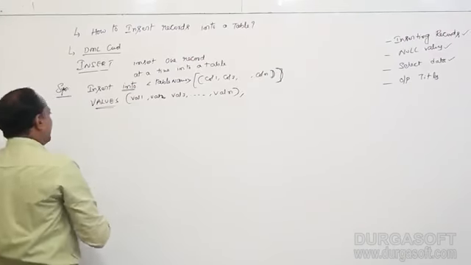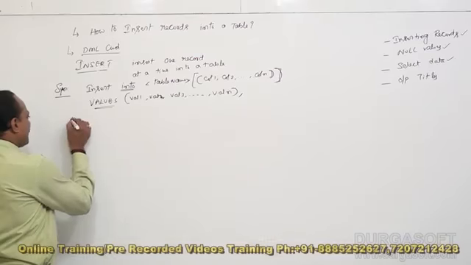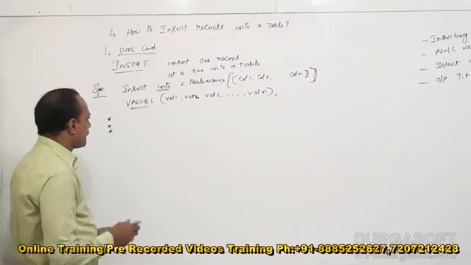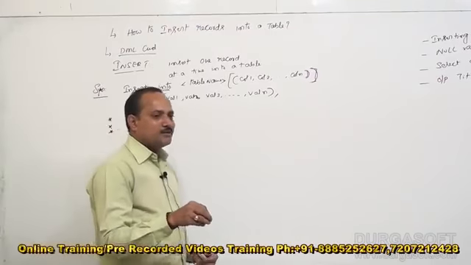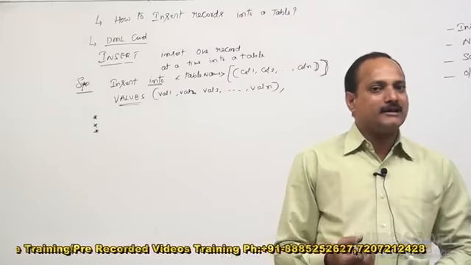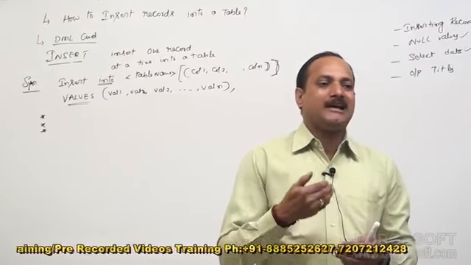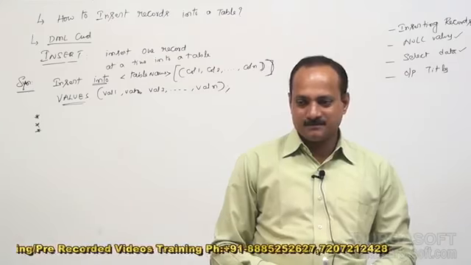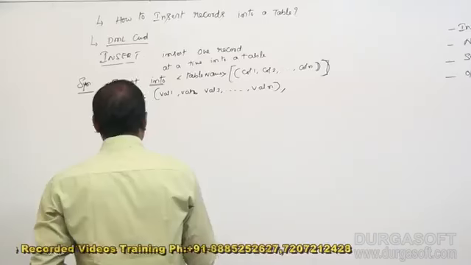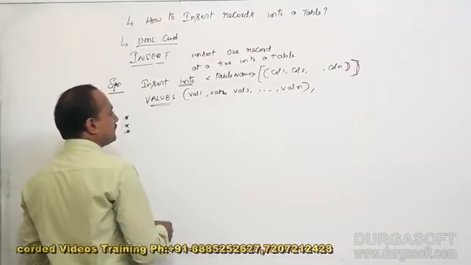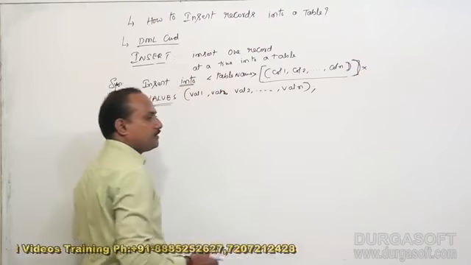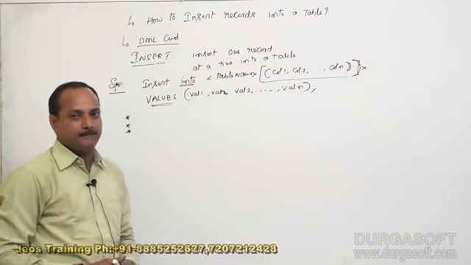See, whenever you are inserting, you have to follow some set of rules and regulations. Let us assume n columns are there in a table. Then you need to insert n values into the columns. If you are inserting n values into n columns, then no need to specify column names. You don't have to specify column names while inserting data.